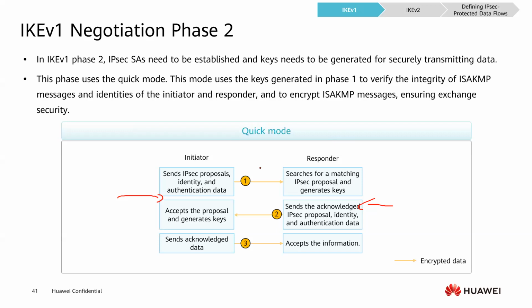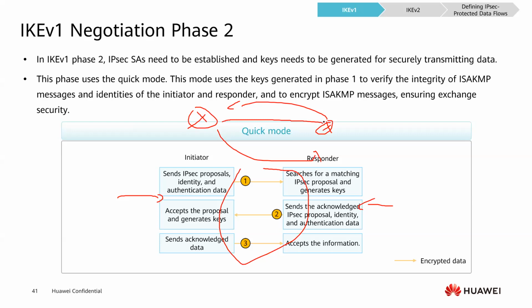This is all decided in quick mode. This is phase two. After phase two, both devices will know the IPsec SA for the other side. So they will use the SA information to encrypt the packet and forward it to the other side.